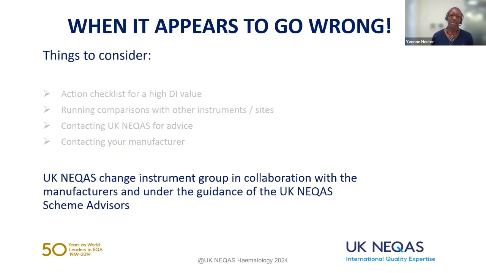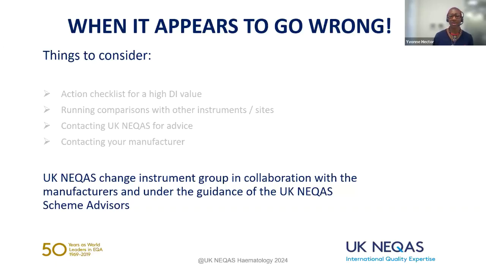So UK NEQAS largely group the instruments as advised by manufacturers in conjunction with what we observe with the statistical data. Where we do see performance issues, we will contact the manufacturer in the first instance to determine if there are any recommendations that they may offer.